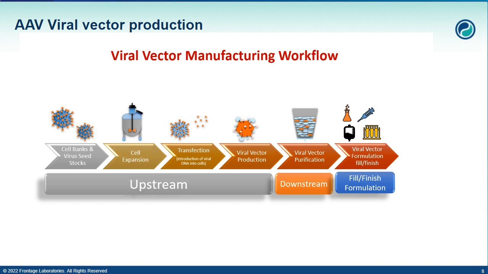After the viral vector transfection, the cells were expanded, and then the viral vectors were collected for purification. After the purification, the viral vector formulation is prepared, and then the final fill will be performed for the viral production.